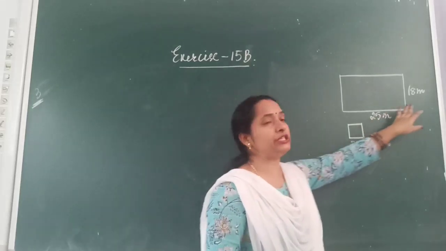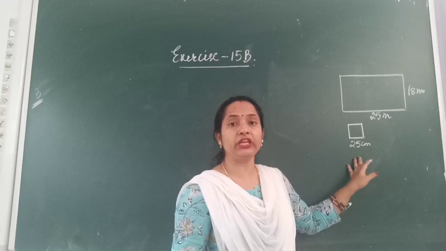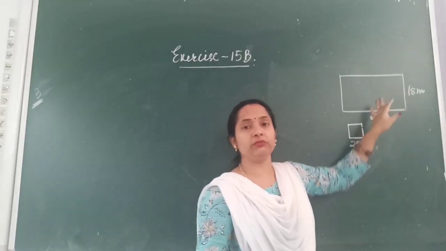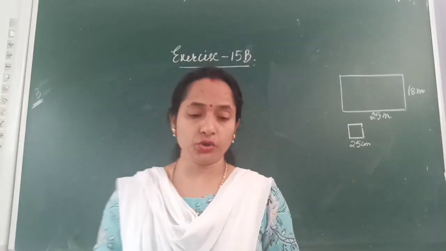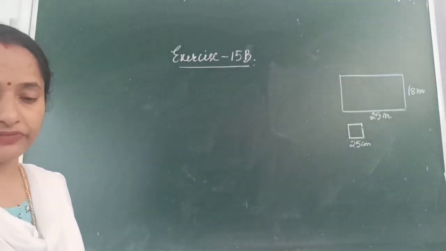So here two of the units are in meters whereas one more unit is in centimeters. So we need to convert either these two units into centimeters or this into meters. So let's see how to find the number of tiles used to cover the floor.